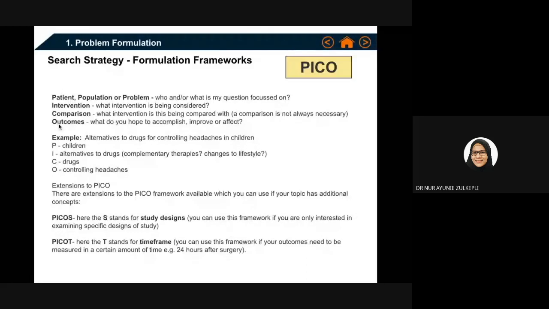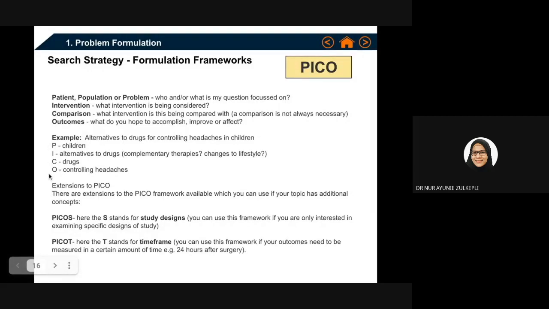So the P, patient, population, or problem, is the children. I is the alternative to drugs. C, of course, is the drug. O, the outcome, is the effect on controlling headaches, right? So this is just an example. You go back and look at your topic and how you can apply PICO to it.